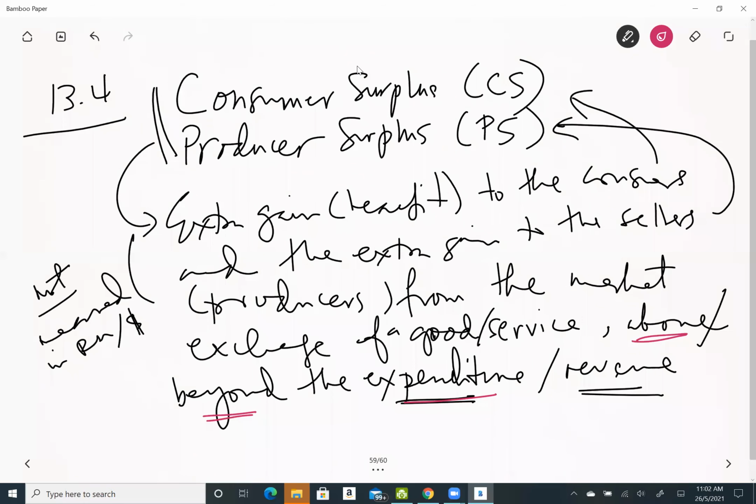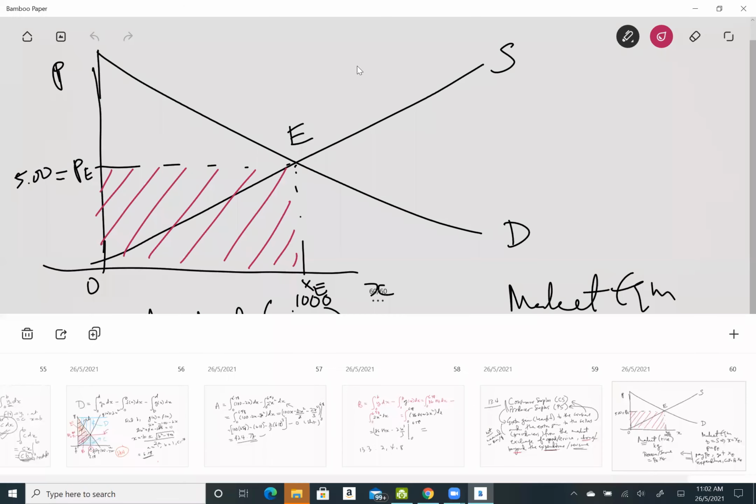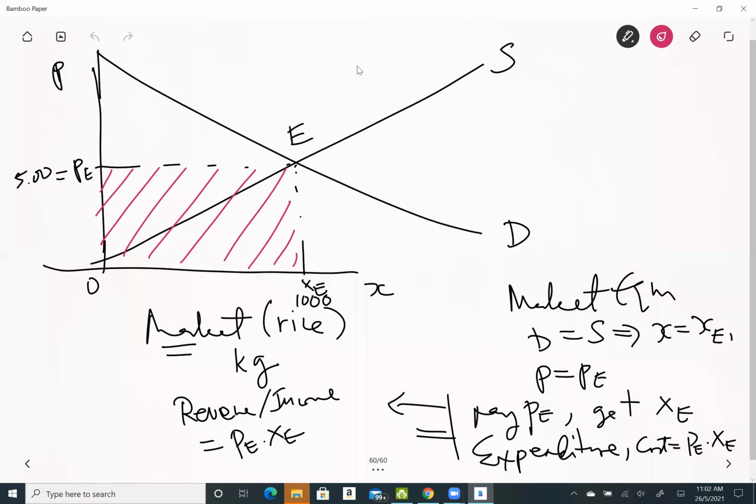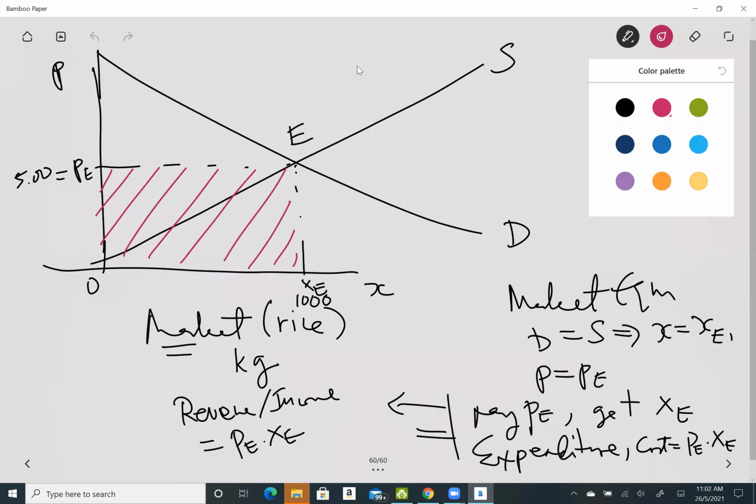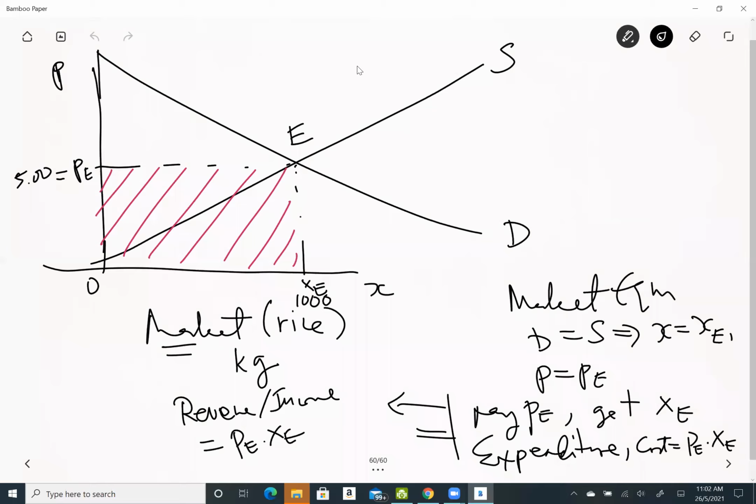So there will be some extra gain or benefit to the consumers above and beyond the expenditure. So our extra gain is actually this area here. That is our extra gain. And that gain, of course, is not measured by the market. So that is consumer surplus.